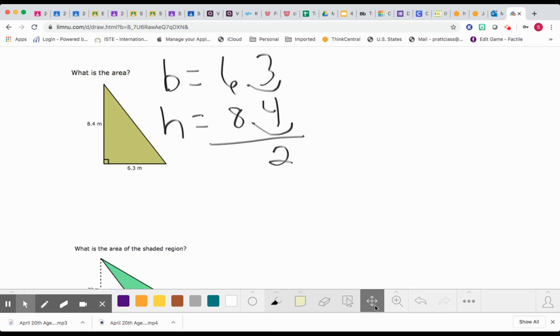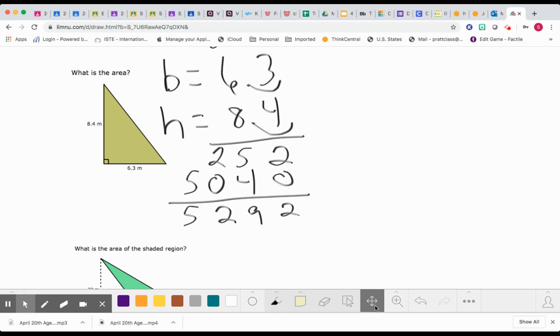Carry our 1 up there. 4 times 6 is 24, and then plus that 1 makes this 25. Okay, put our 0, and we're going to move down to 8 times 3 is 24. Put our 2 up there. 8 times 6 is 48. Plus 2 is 50. Okay, so we have a large number. So 2, 5 plus 4 is 9. 2 plus 0 is 2, and then 5. Okay, so our number is 5,292.